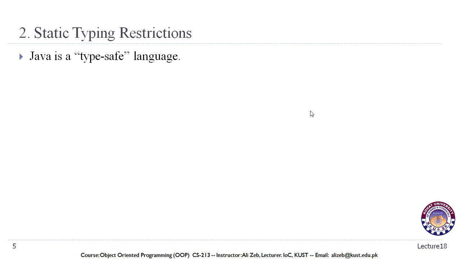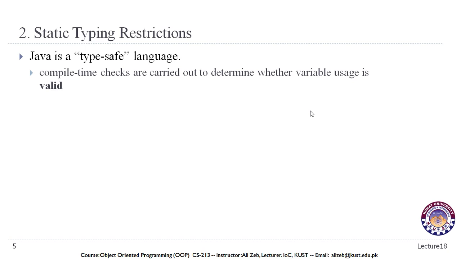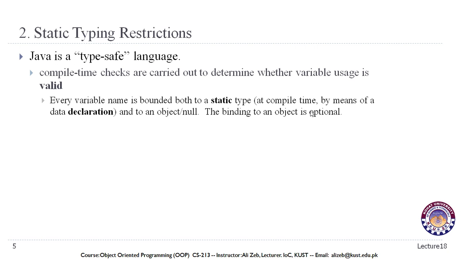Java is a type-safe language, and compile time checks are carried out to determine whether variable usage is valid. So when we declare a variable in Java, we declare that variable with a certain data type. Java requires that when we assign a value to that variable, the value matches the data type that we have declared the variable with.